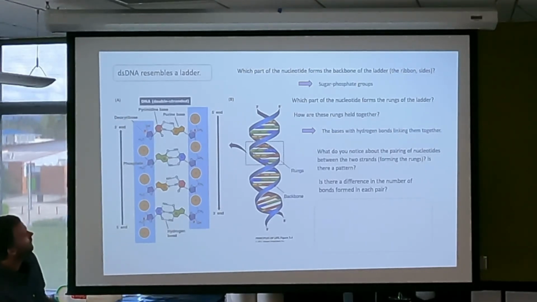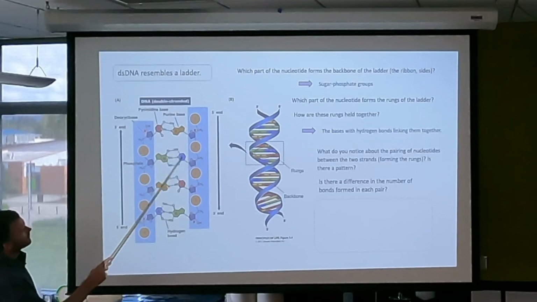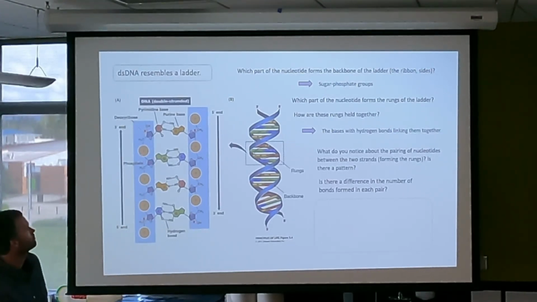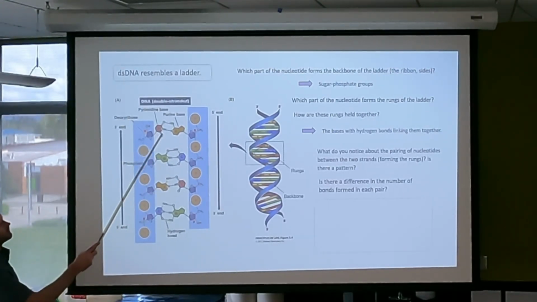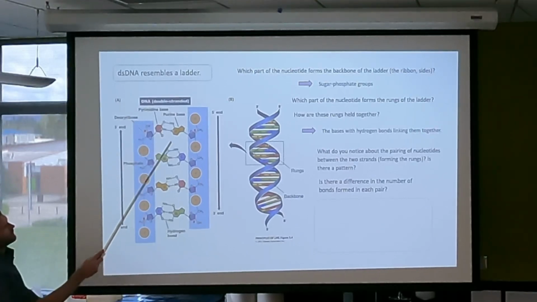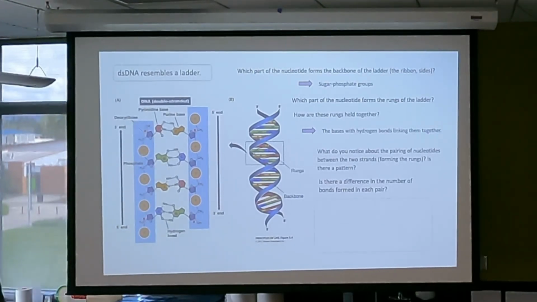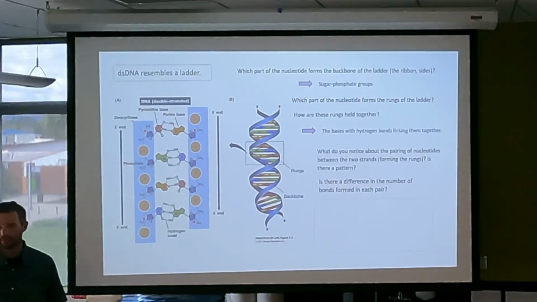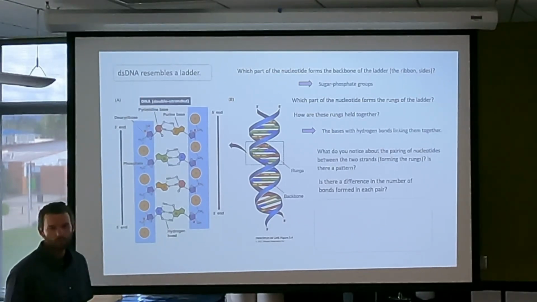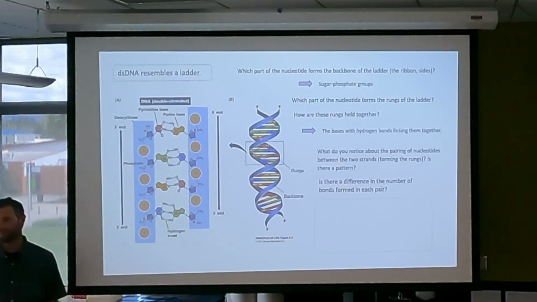What do you notice about the pairing of nucleotides between the two strands? Is there a pattern you see between the pairing of the nitrogenous bases between the two single strands of DNA? And if so, what are they? Somebody from the back corner here.